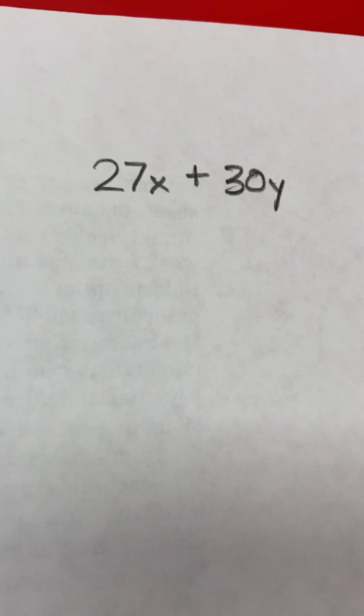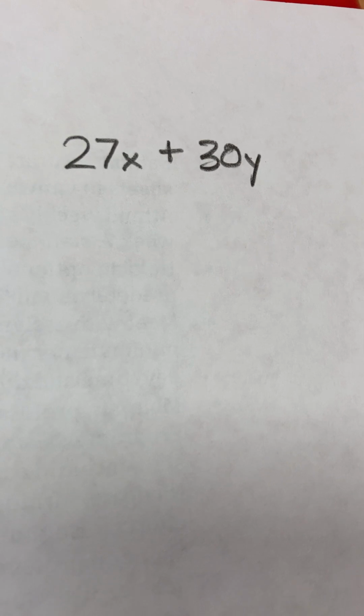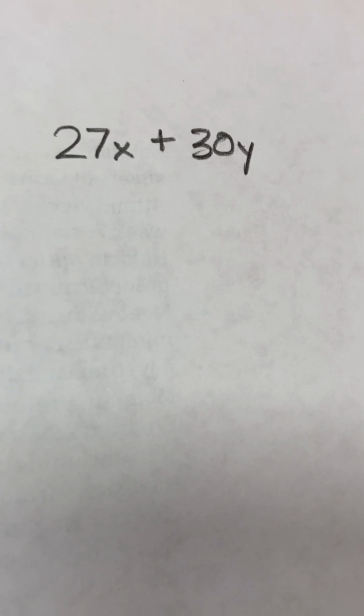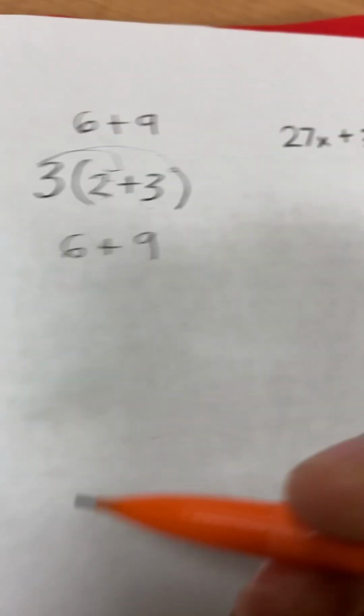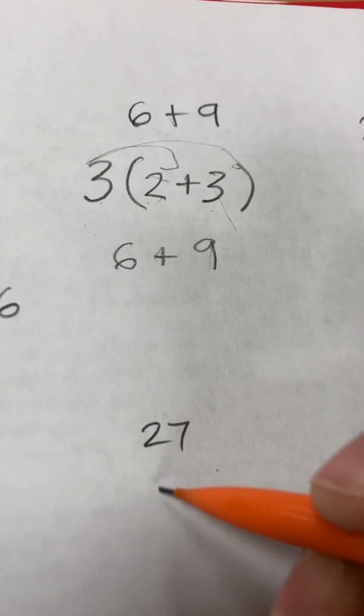Let's try this harder example, more algebraic. Remember, the first thing you do is find the GCF between the two numbers. So 27 and 30. What's the GCF between 27 and 30?